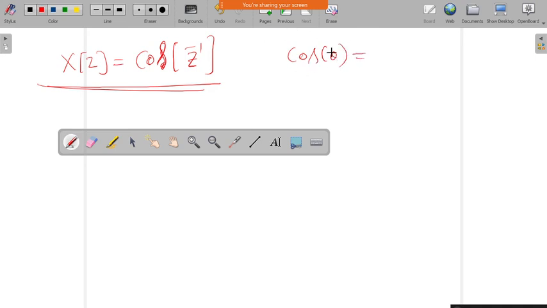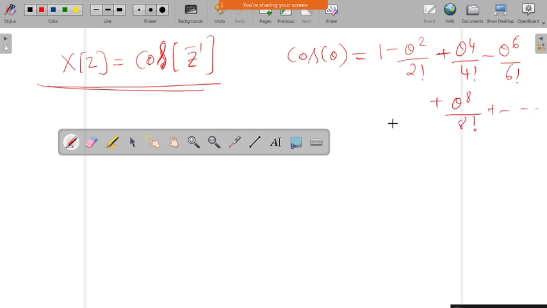For this you can use the expression for cos theta in terms of theta, that is 1 minus theta square by 2 factorial plus theta power 4 by 4 factorial minus theta power 6 by 6 factorial plus theta power 8 by 8 factorial, like this it will go on. Wherever theta is there, you have to put z inverse, and then express that X of z.